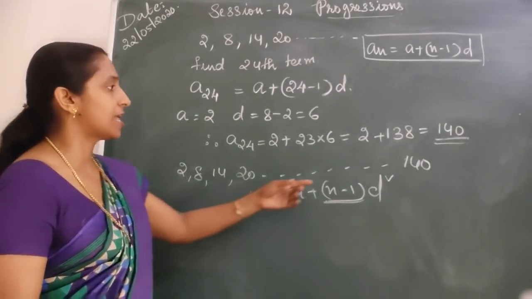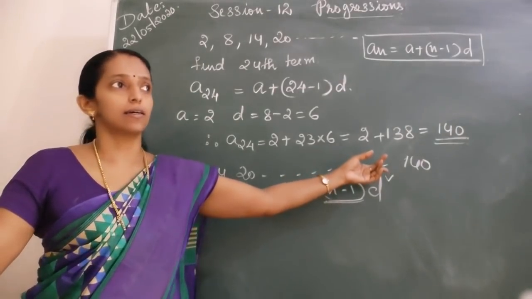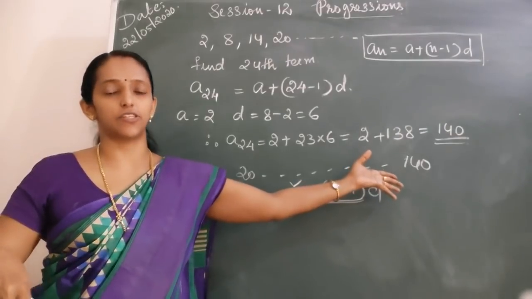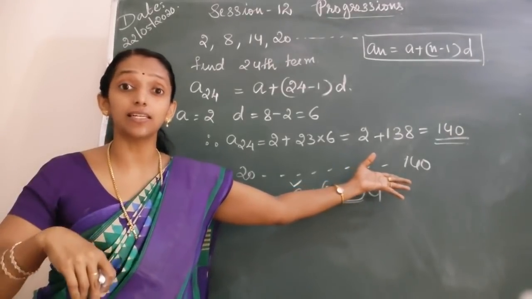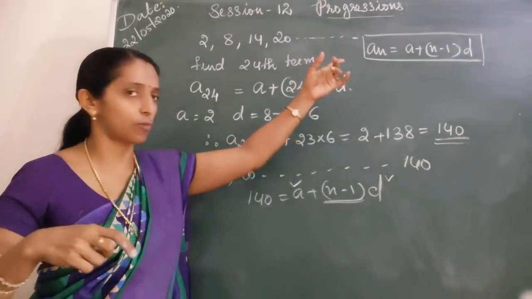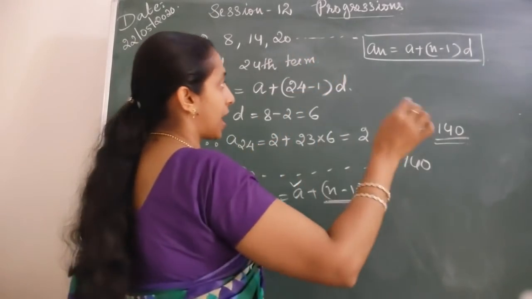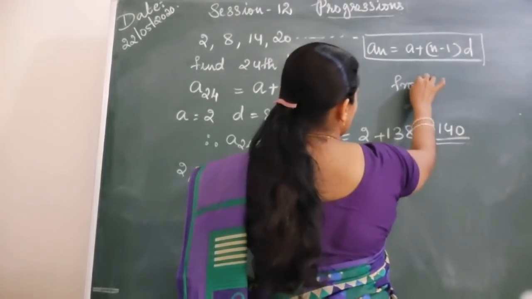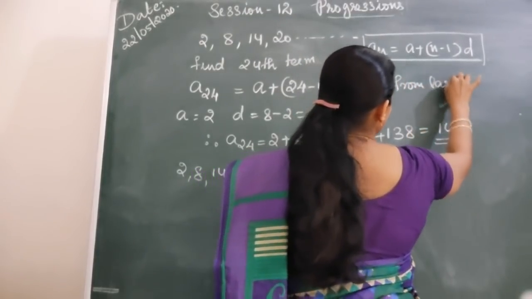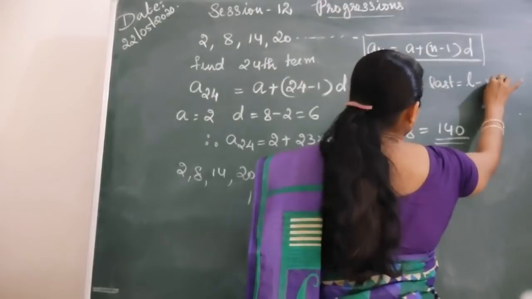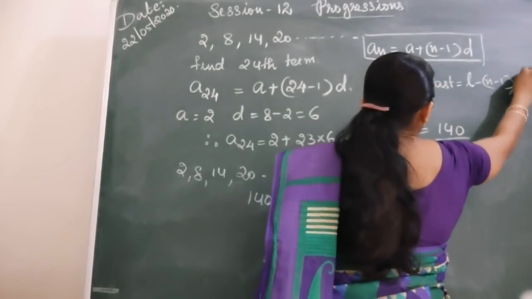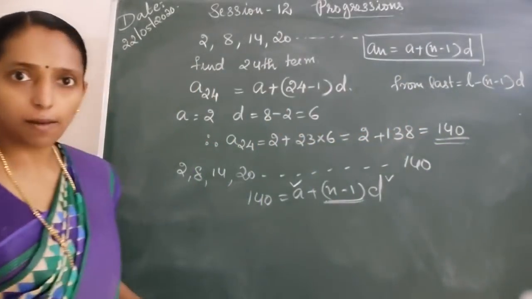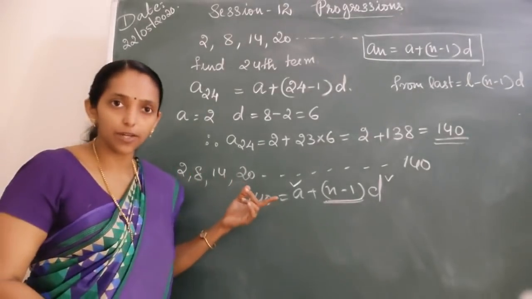Or you have to find the 7th term from the last. For that, another formula: from the last, if you have to calculate, the formula is l minus n minus 1 into d.